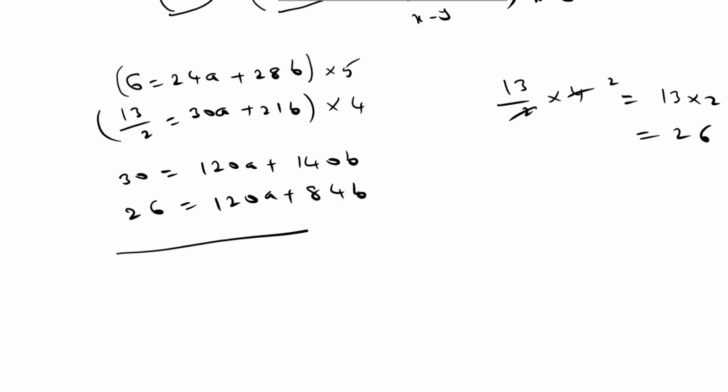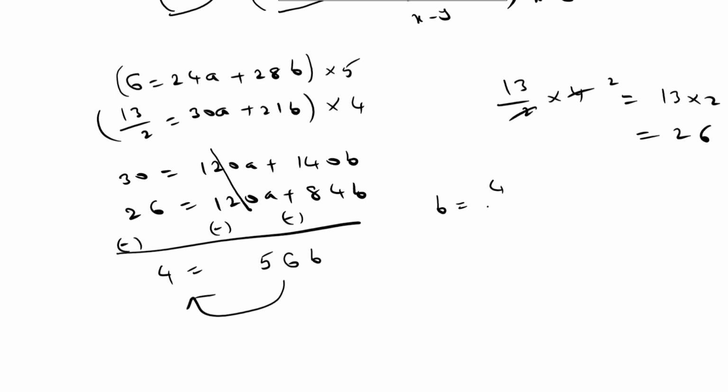Now I am doing subtraction of these two. 30 minus 26 is 4, which equals 120a minus 120a cancel, 140 minus 84 is 56b. Now taking 56 to the left side, our b value will be 4 divided by 56, which is 1 by 14. So b value is 1 by 14.